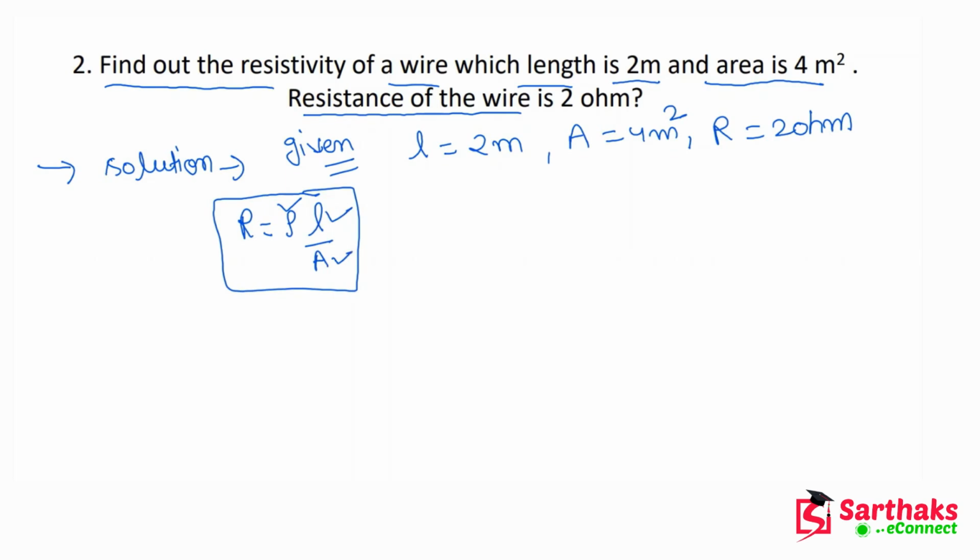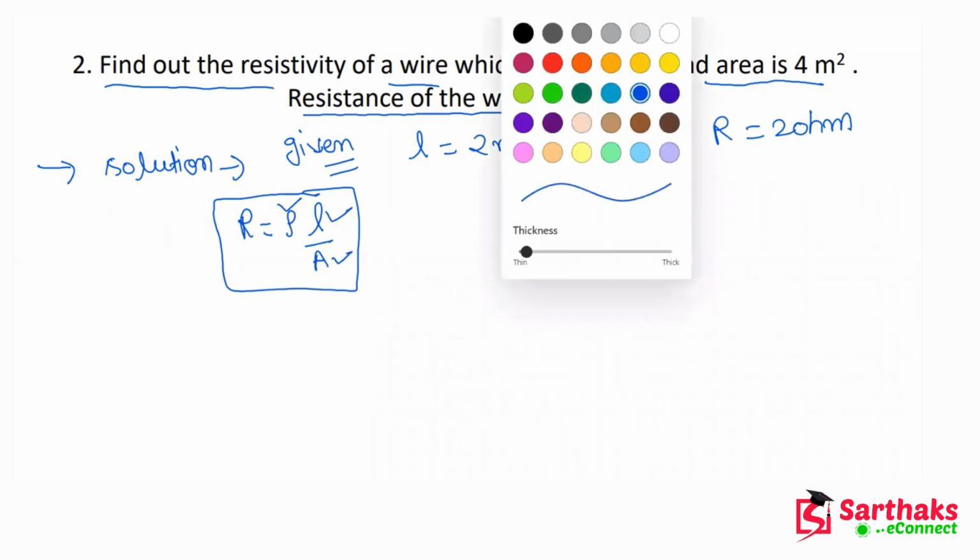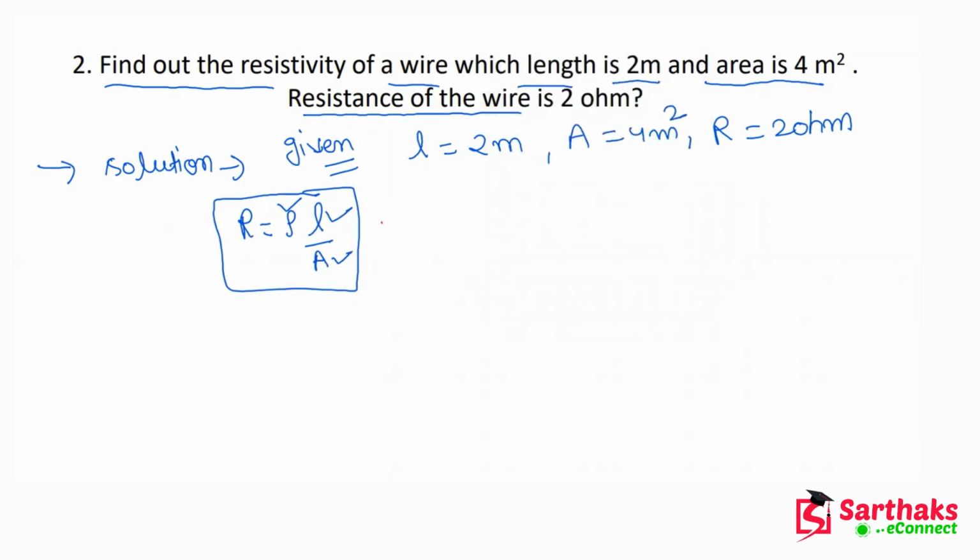But in this case, we have been given resistance, but we are asked resistivity. So we can calculate it simply. How can we do that? Let's suppose this is your resistivity, and if I cross multiply this A here, and this L here, then it will give me R A upon L. It is as simple. So this is the formula of resistivity.